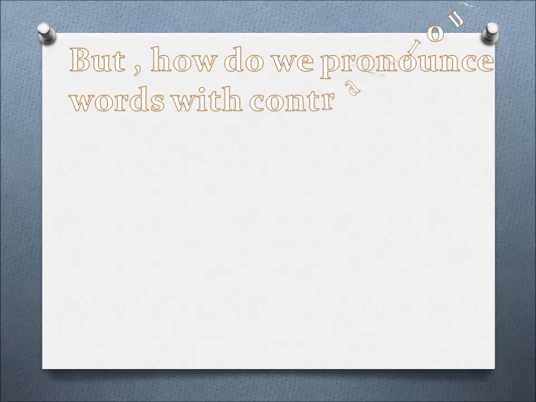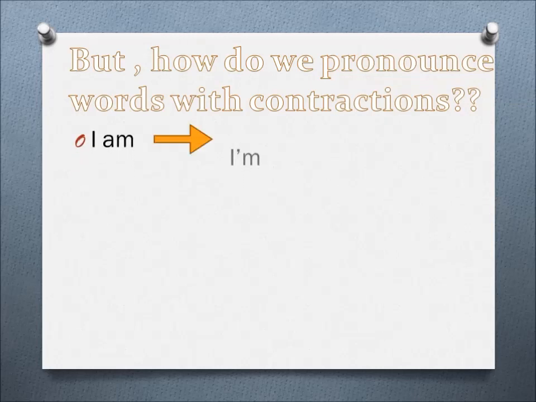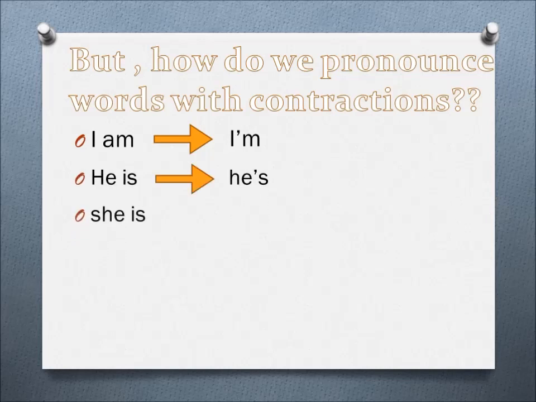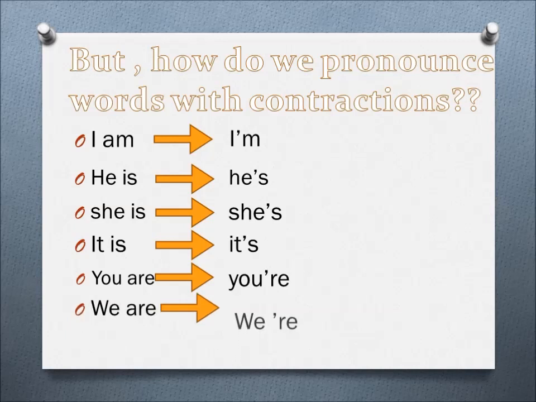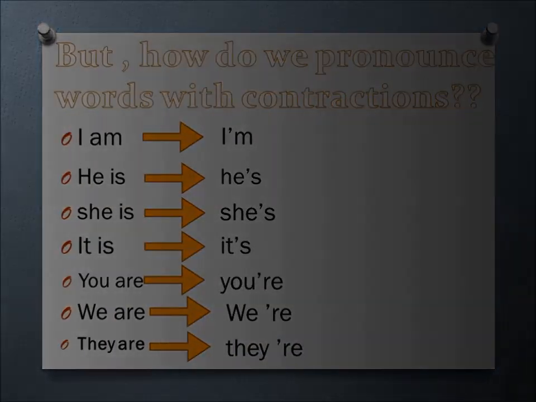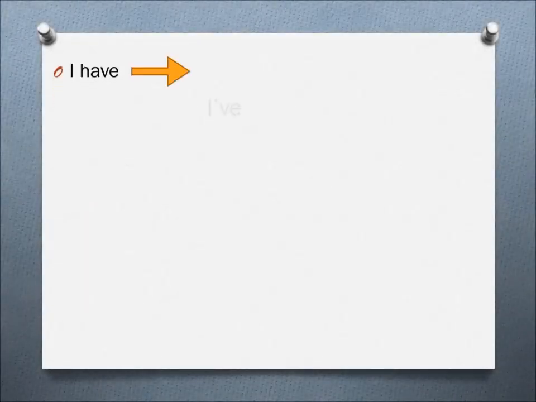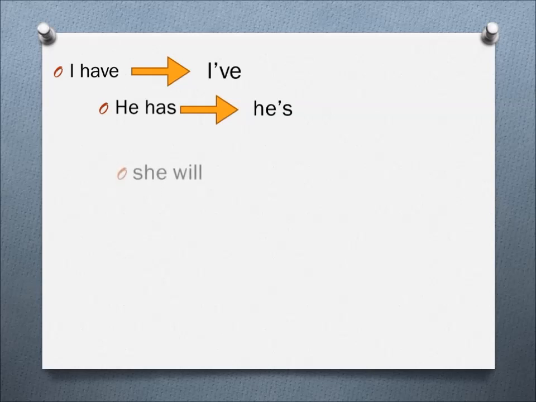Now I'm going to read and I want you to repeat after me, and make sure to repeat the words correctly. I am, I'm. He is, he's. She is, she's. It is, it's. You are, you're. We are, we're. They are, they're. I have, I've. He has, he's. She will, she'll. Cannot, can't.